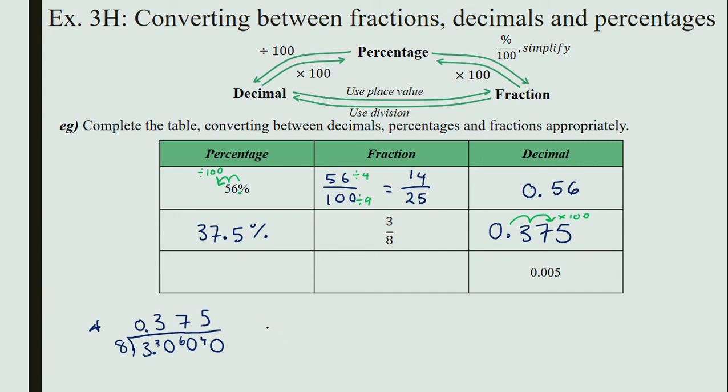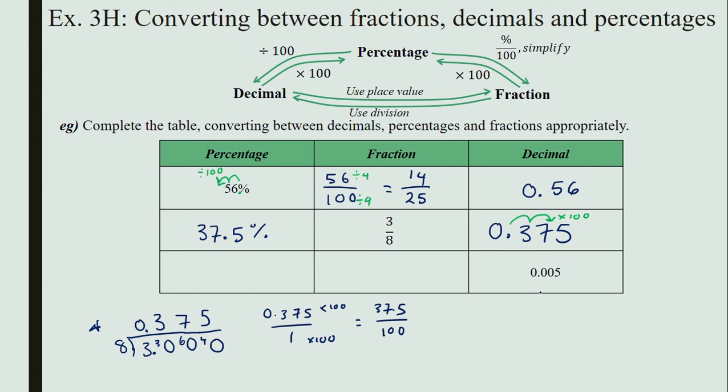Okay, if you wanted to use the method that we used in our last lesson, we have 0.375 over 1. We multiply both the top and the bottom by 100, which is effectively what we've done here, and we end up with 37.5 out of 100, giving us that 37.5%.